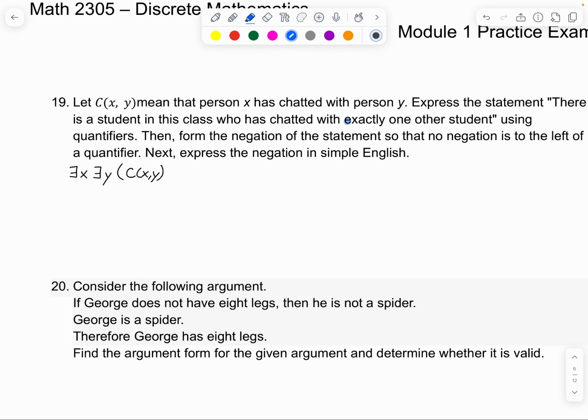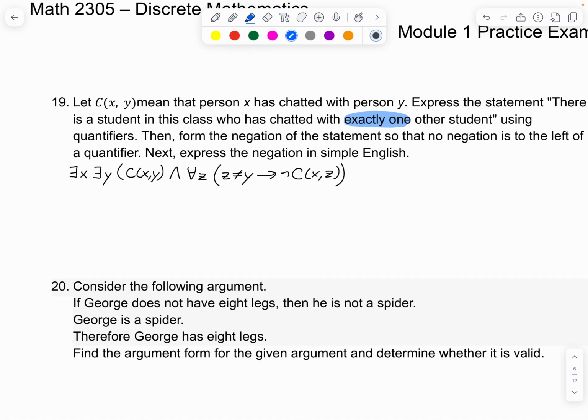The hard part of this is the exactly one. So they have chatted, but also they haven't chatted with anybody that's not Y. So I'm going to say, if you look at any other student in the domain, for any Z, if Z is not the same as Y, then Z has not chatted with X.